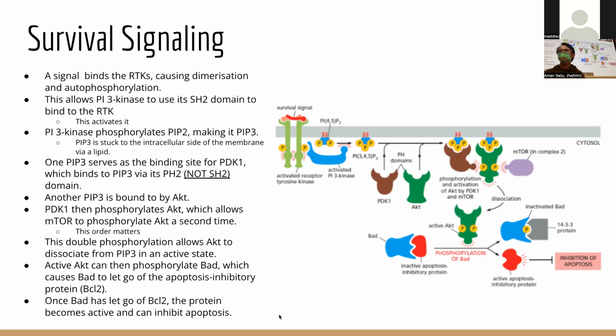Questions? Yes. So if there's a loss of function of AKT, will the AKT still dissociate from the PIP3? All right. So the question was, if PK2 is inactive, will AKT still become active and dissociate from PIP3?